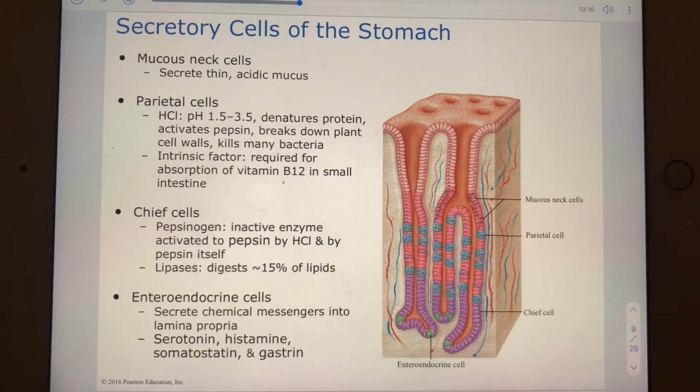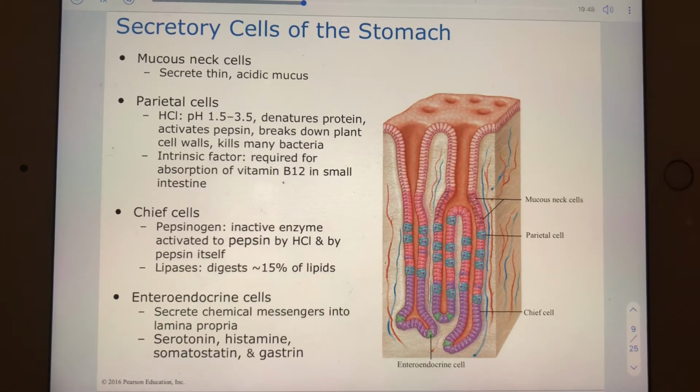Our chief cells also have 2 chief or main products. Pepsinogen. Chief cells make pepsinogen, which is an enzyme, but it's inactive. Pepsinogen is the inactive form. And pepsinogen is activated to pepsin. So the activated form of the same molecule is called pepsin.